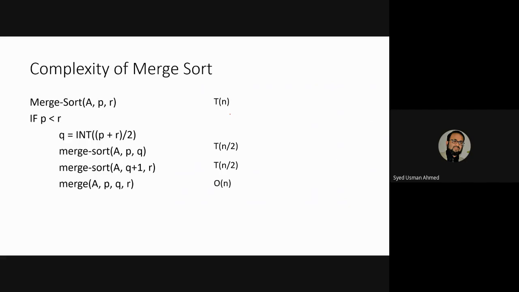So if we combine all these, we see T(n) is equal to 2 times T(n/2) plus big O of n, right? Using Master's theorem, we can prove that T(n) is equal to O(n log n). So the combined complexity of merge sort is O(n log n), where n is the number of inputs given to this merge sort.